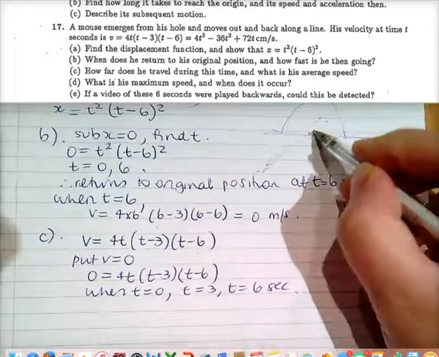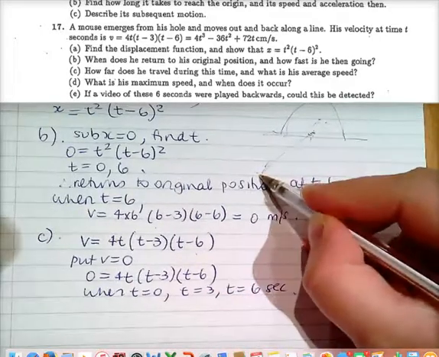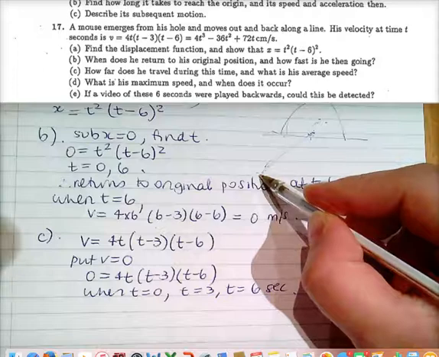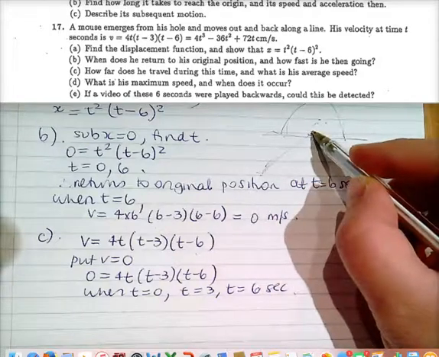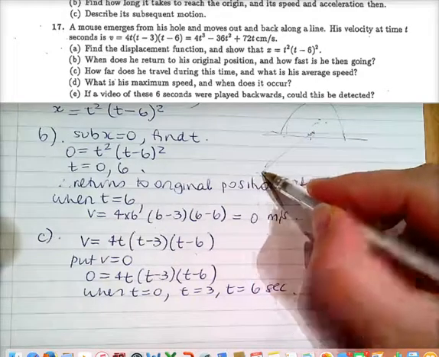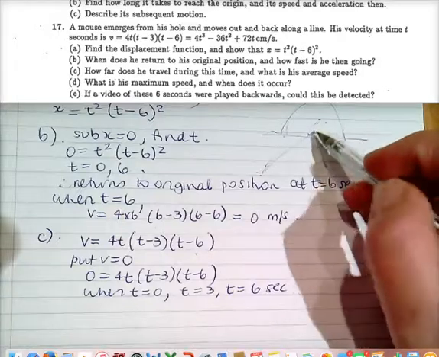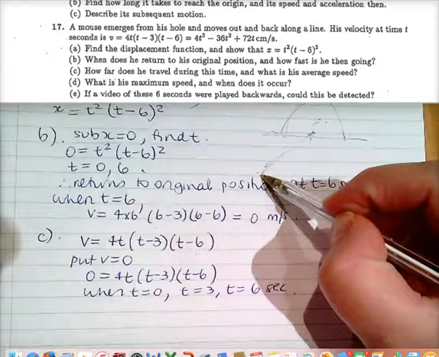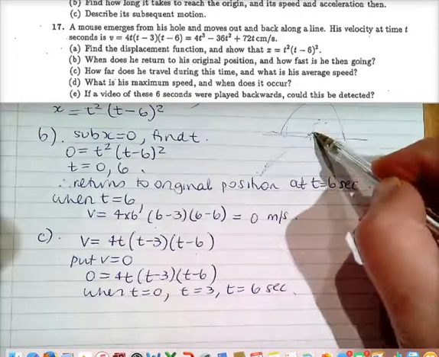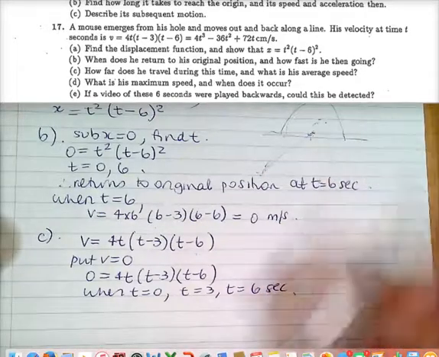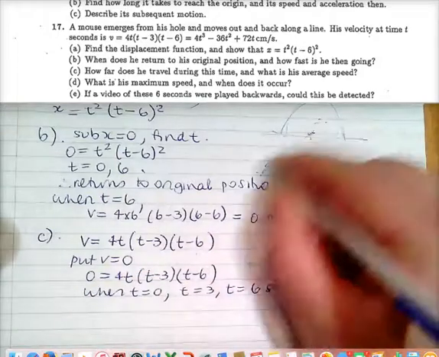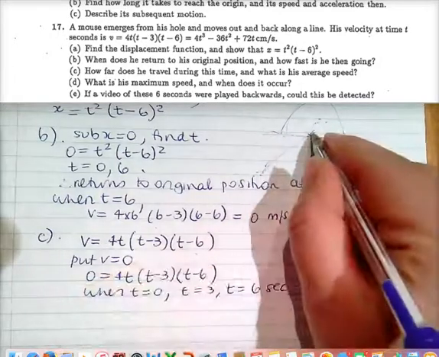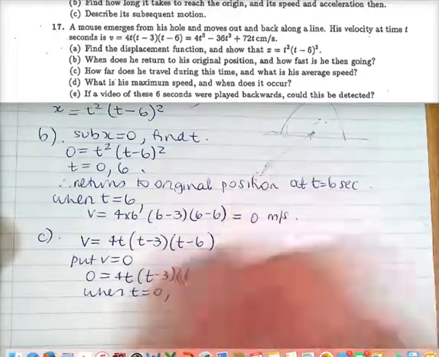Now we know at 0 seconds he's here, so therefore he stops when t equals 3, and then he runs back. So it takes 3 seconds to get here and 3 seconds to get back. So he's stationary, he runs out, he stops, probably frightened, and then goes back and gets back and stops again at 6 seconds. So therefore we need to work out this distance from time is 0 to time is 3.